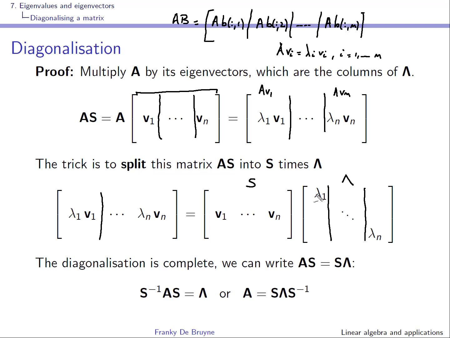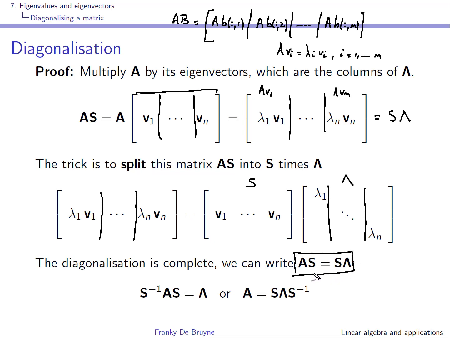So what we'll do here is select lambda 1 V1. You can do the same thing for the last column. The last column will be S times the last column of lambda, and by doing that you'll select lambda n Vn, and this is exactly what you've got. So this is equal to S times lambda. Okay, so this is what we've shown over here.